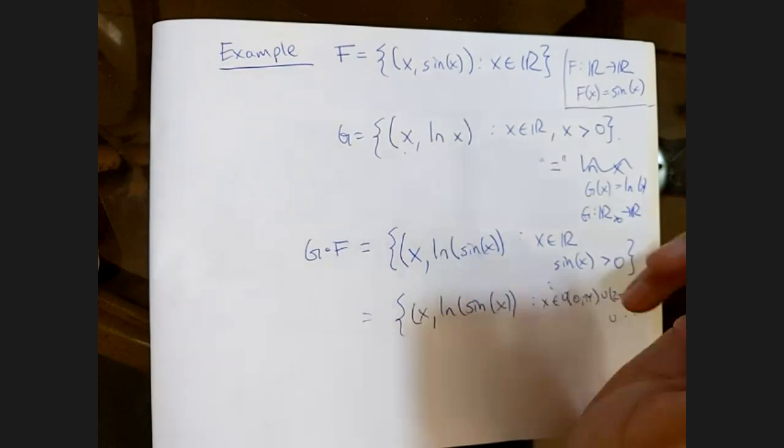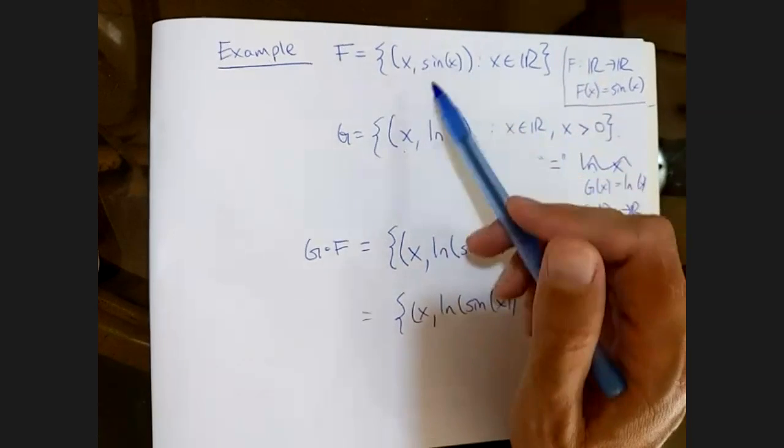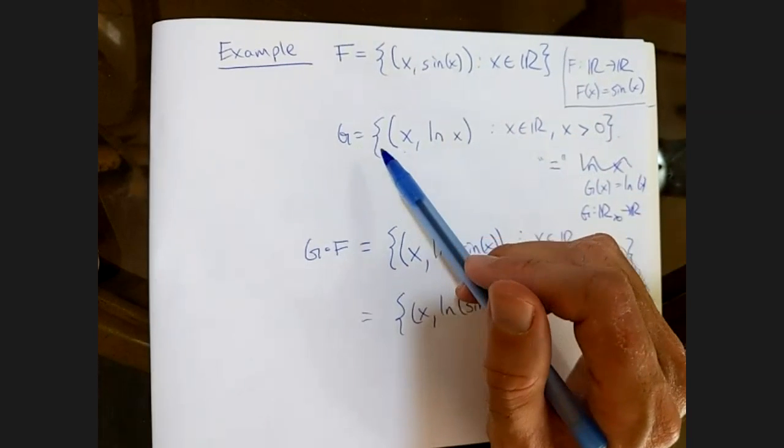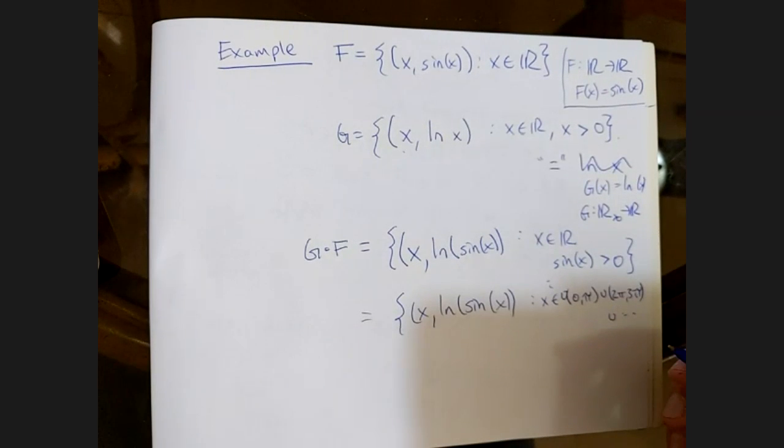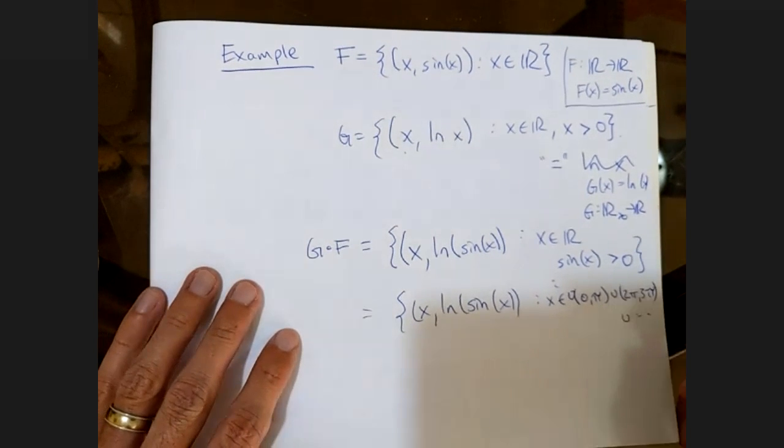Okay, here we don't care. It's fine if the range is not contained in the domain. We still get a function. It's fine. Okay. So we've relaxed on what is a function and how to compose functions. Right.